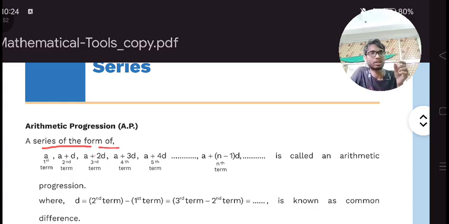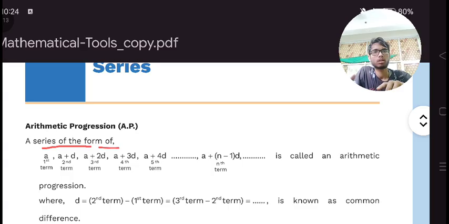So this is a series of something we don't know. Here we can say this is a series of numbers, and this is where we say that yes, this series will be known as arithmetic progression.